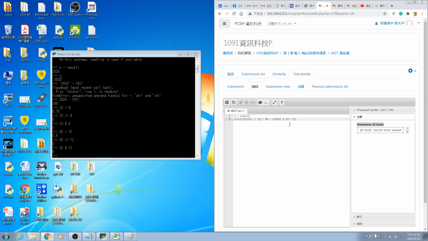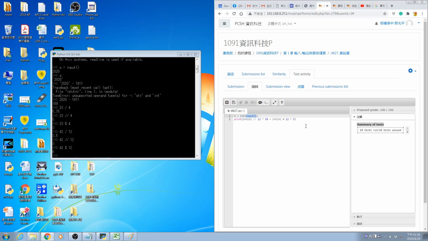So is there an easier way of doing it? Yes, there is an easier way of doing it. Can we do this? We take the input, and the result will be a string.